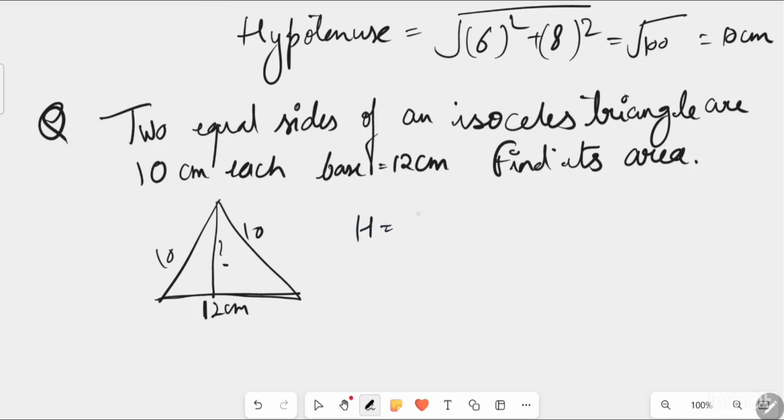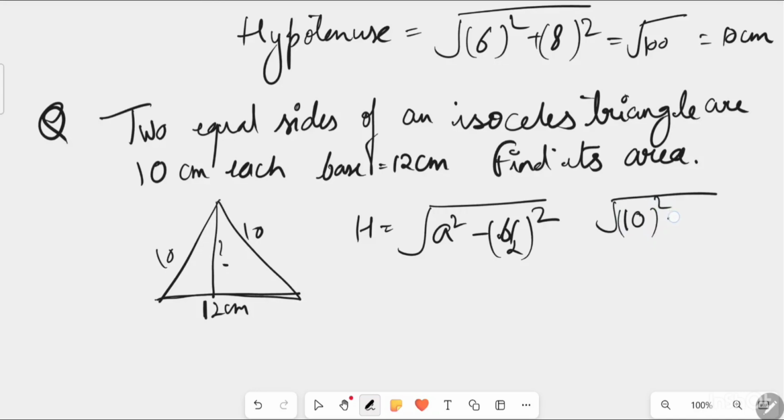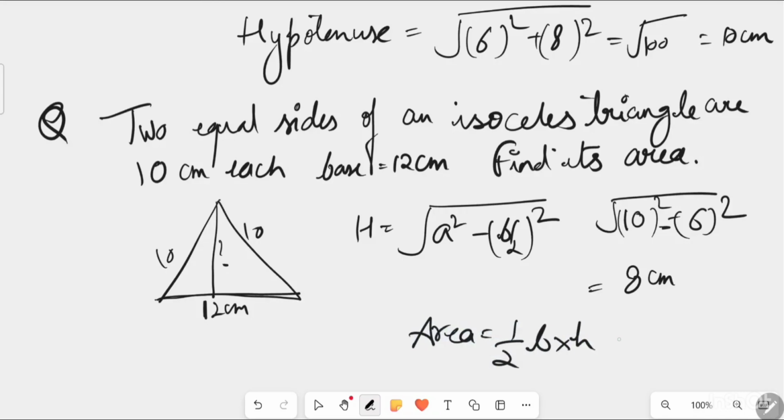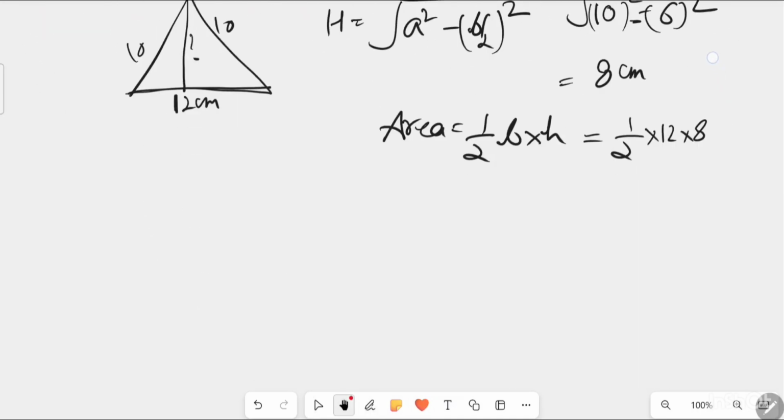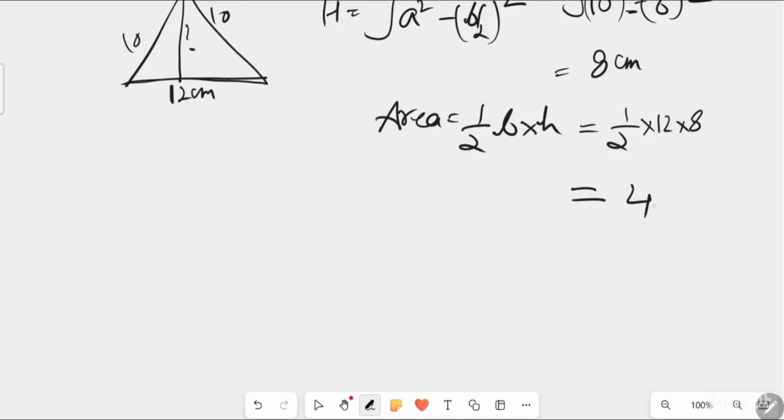Height will be under root a square minus b by 2 whole square, that is 10 square minus 6 square, which will be 8 centimeter. And area will be half base into height, which is half into 12 into 8, that is equal to 48 centimeter square.